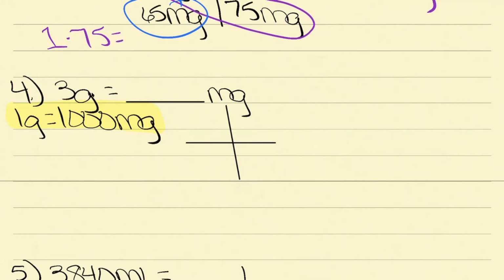Okay. My pair goes on the left side. 1 gram equals 1,000 milligrams. I'm asking about 3 grams. So that's gonna go at the top right because I want my units to match. And so my X is here where we're solving for milligrams.